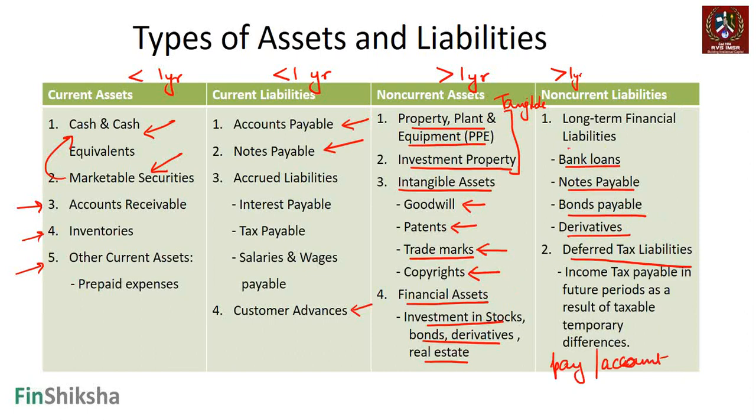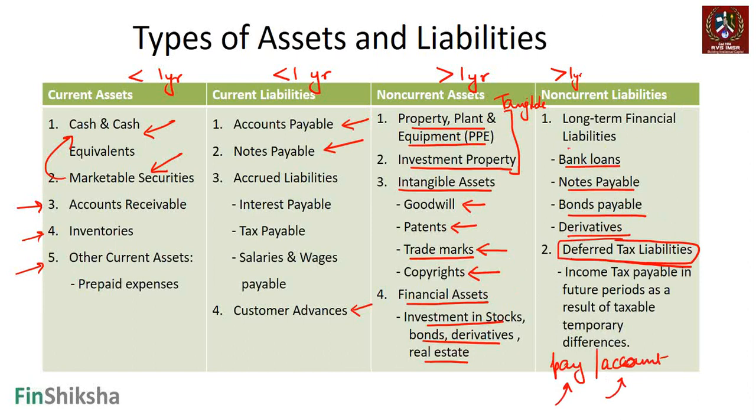So income tax payable in future periods, because today I chose to pay less tax as a result of temporary differences in what tax I accounted for and what tax I paid for, will create what is called a deferred tax liability. You could also have something called a deferred tax asset, wherein you've paid more today, so you're going to use that over a period of time, right? So those are the various kinds of non-current liabilities.